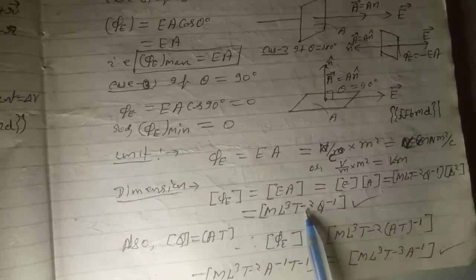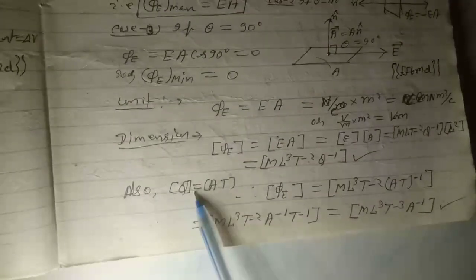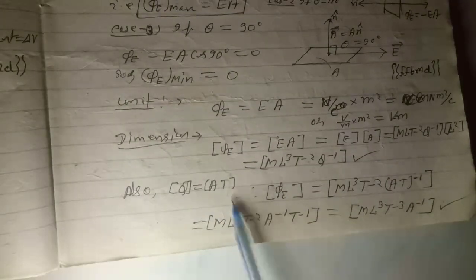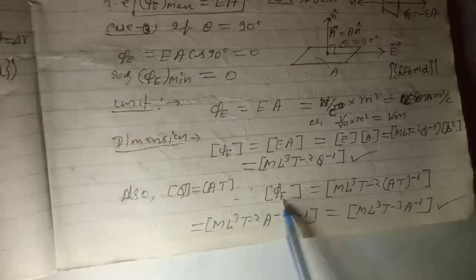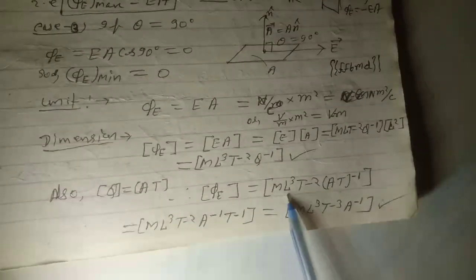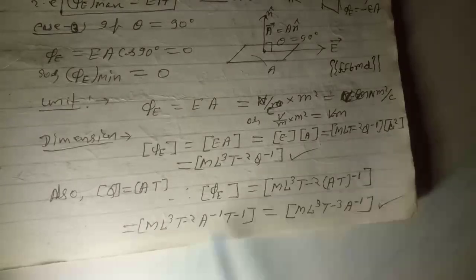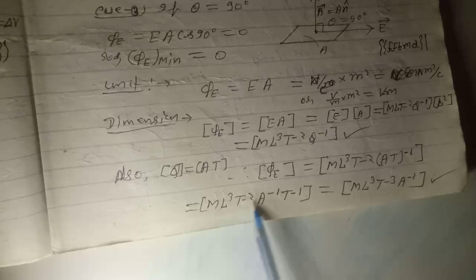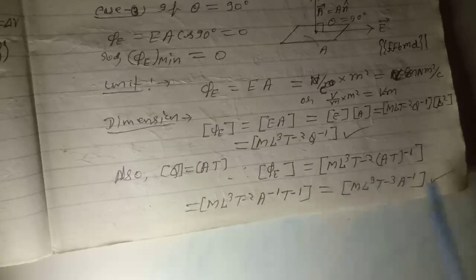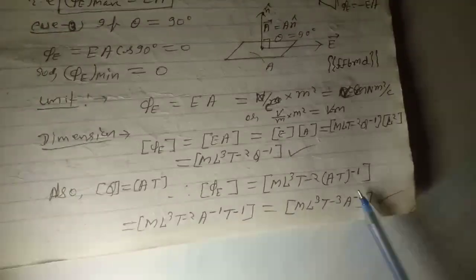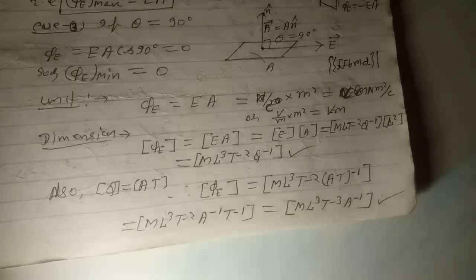Now in SI system, the dimension of Q is A into T, so we can write dimension of phi equals M L^3 T^-2 A^-1 T^-1. So this is the dimension for SI unit.